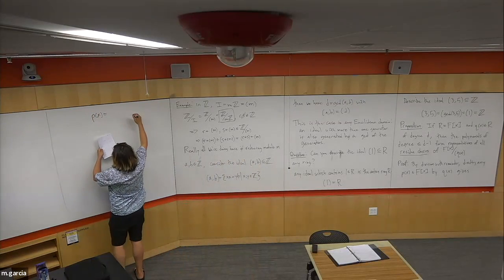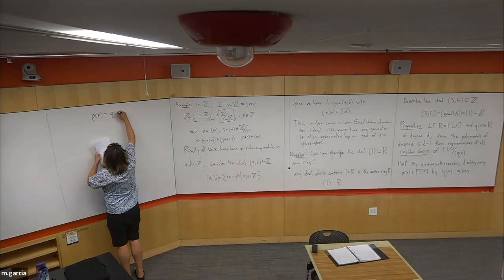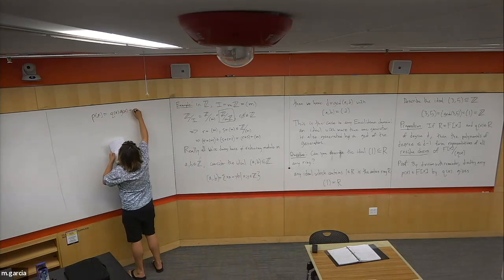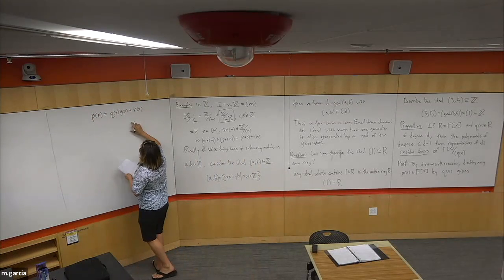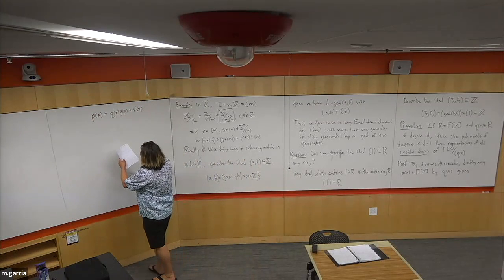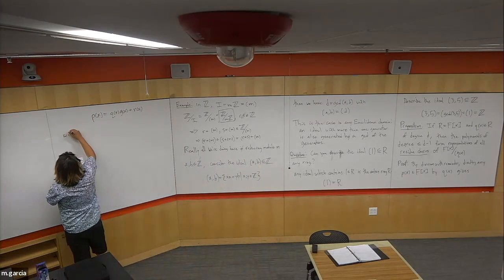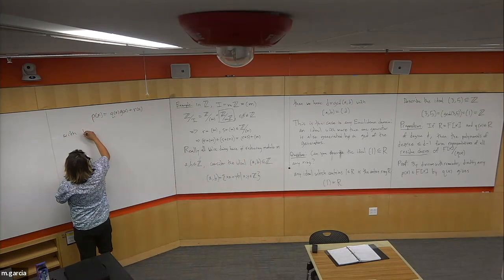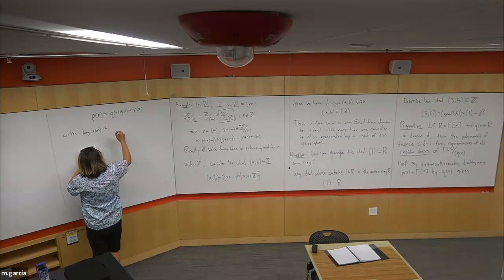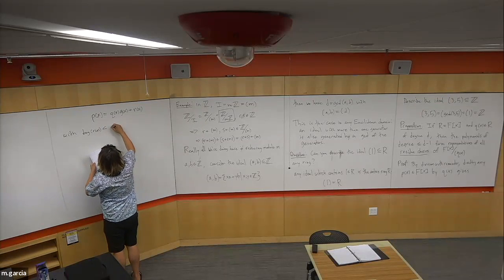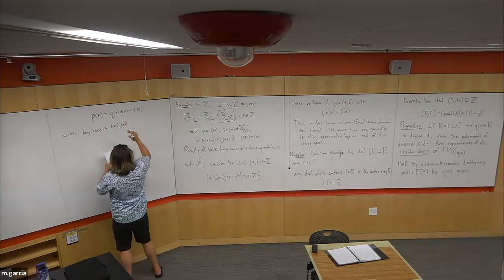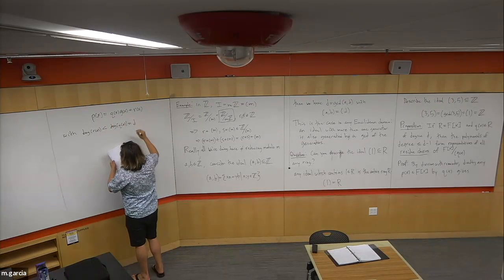P of X is equal to Q of X times G of X for some polynomial G plus R of X, right? G being our quotient, R being our remainder. With the degree of R of X strictly less than the degree of Q of X, our divisor, which we assumed was D.